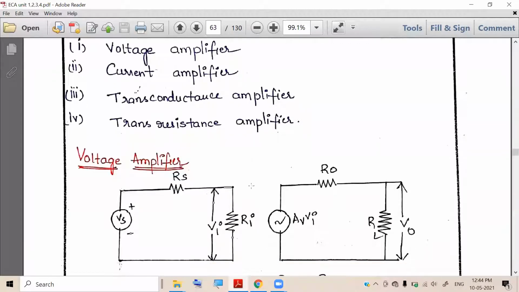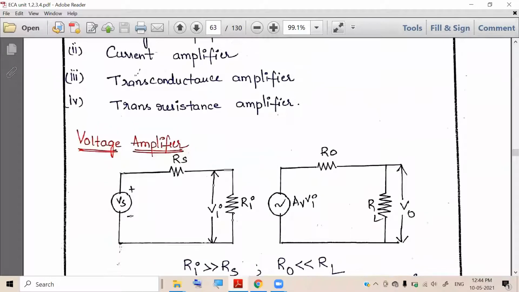So, as discussed, this is a general amplifier. We have three components: RI, ABBA, R0.